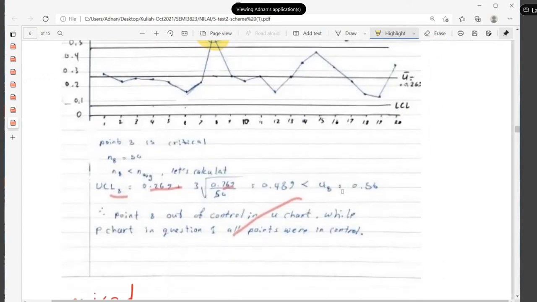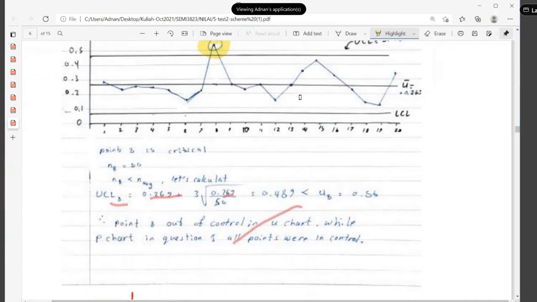So this number is outside. Now a point is outside the control limit. In the P chart, because this question asks to compare with the P chart in question 1, all points are in control, but on the U chart, point number 8 is outside.